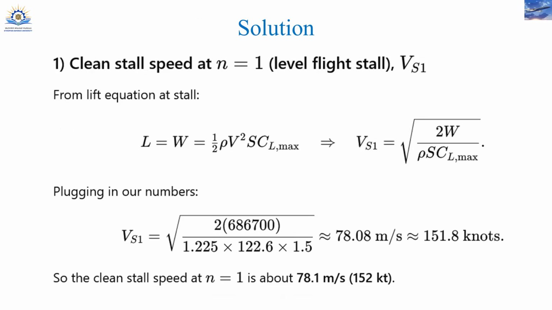VS1 which is equal to 151.8 knots or 78.01, or nearly 78 meters per second is the clean stall speed at n is equal to 1.